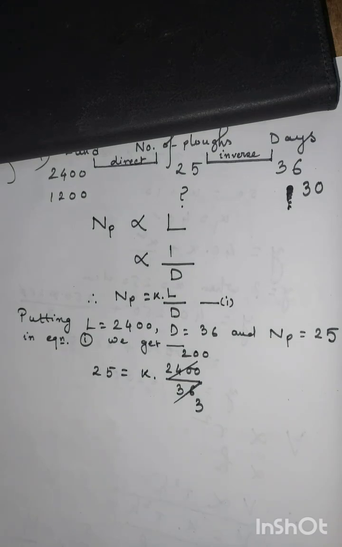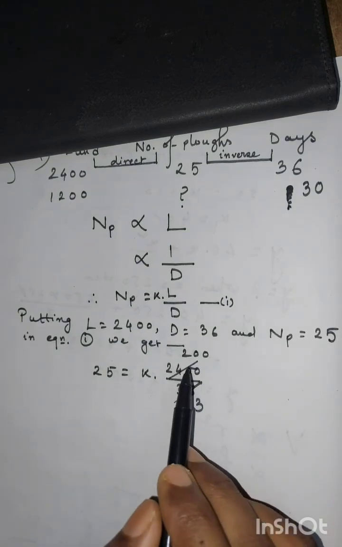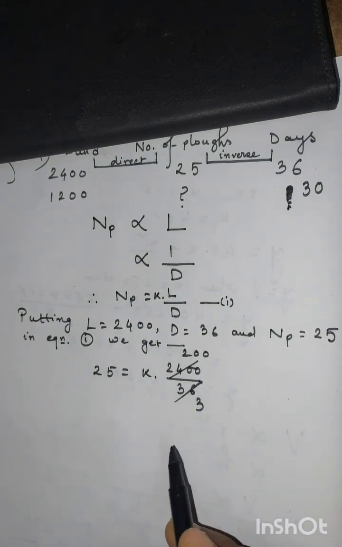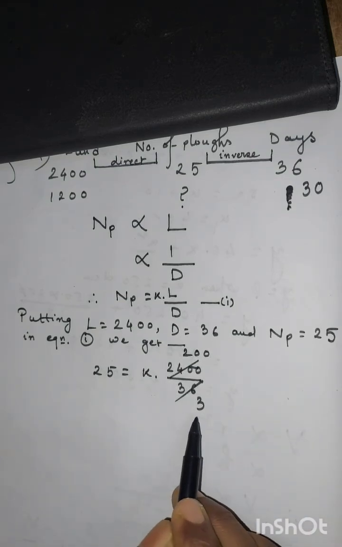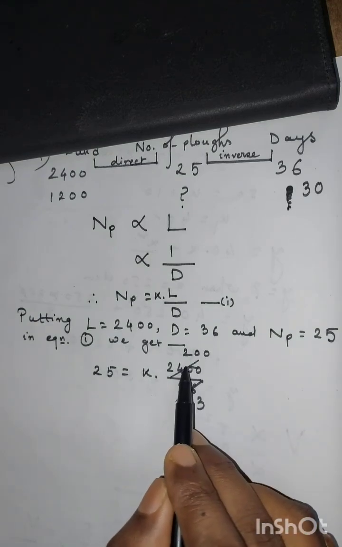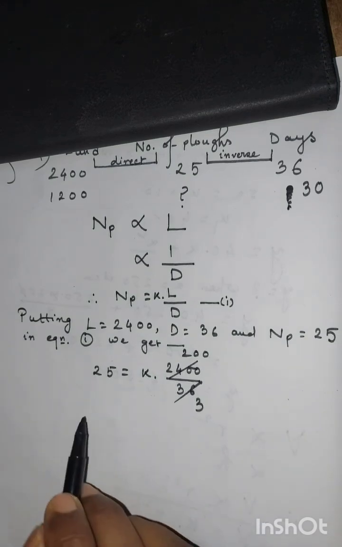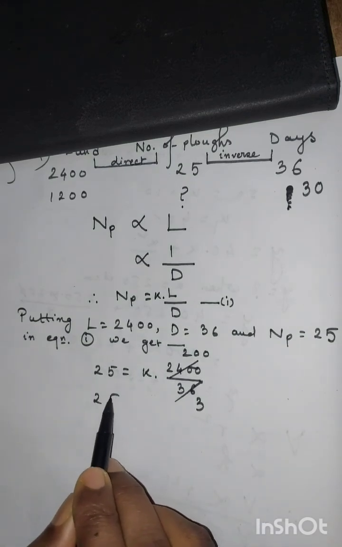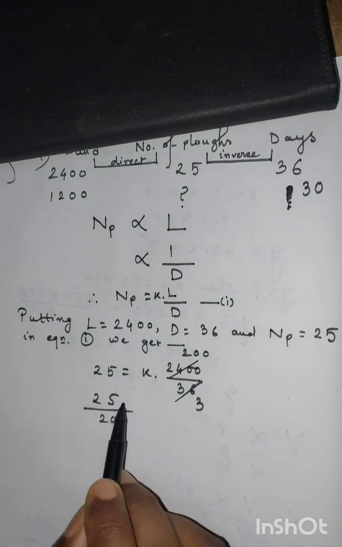Now if we take this fraction 200 by 3 to the left side, it becomes 25 into 3 by 200.